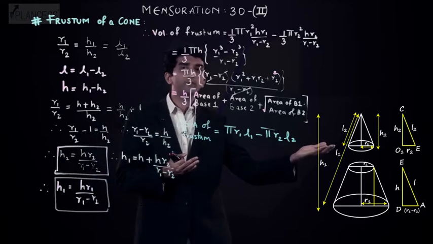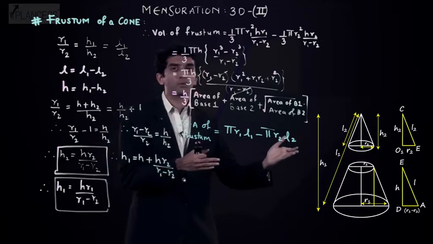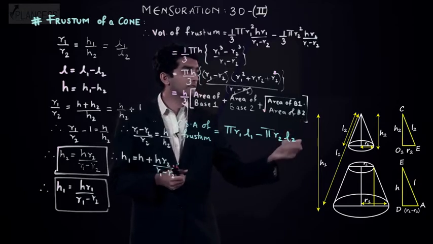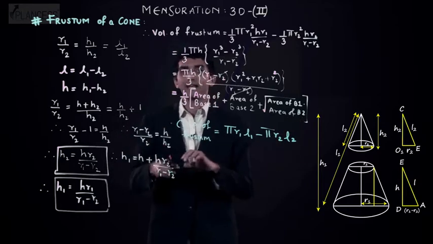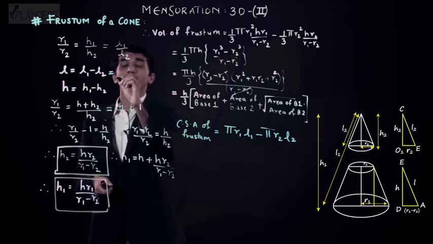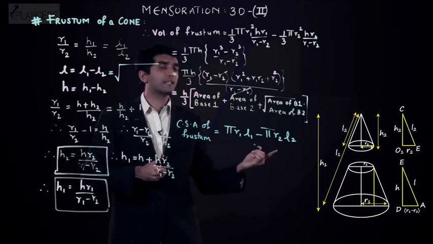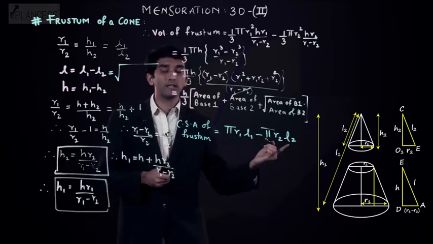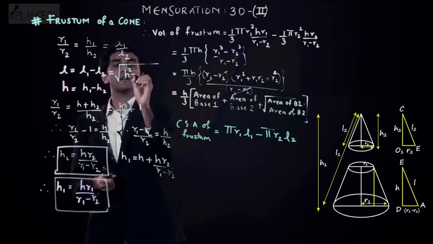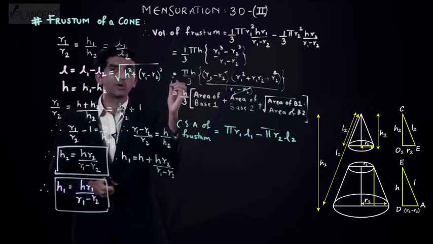And the bottom side of the right angle triangle is nothing but R1 minus R2, the larger radius minus the smaller radius. So this will help you find L directly. Apply Pythagoras theorem here: L square is equal to H square plus R1 minus R2 the whole square. So L is the square root of H square plus R1 minus R2 the whole square.